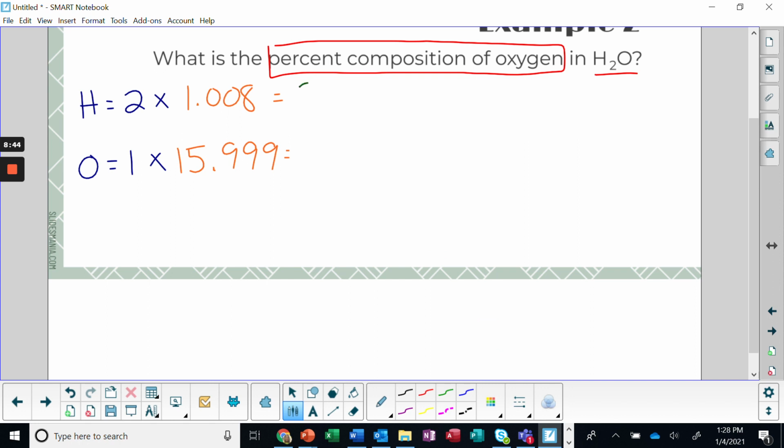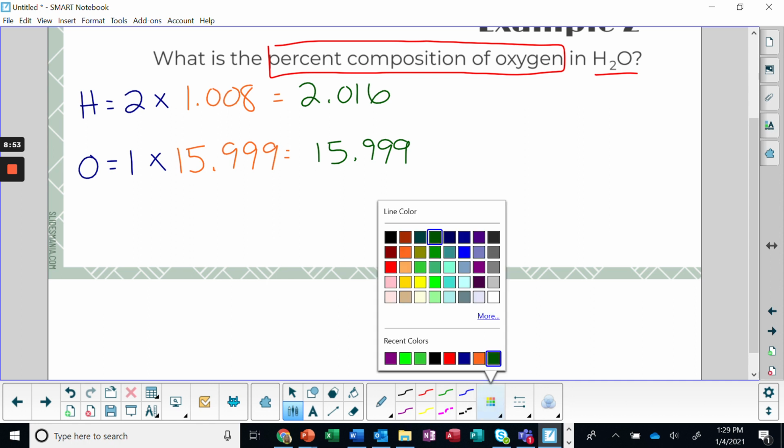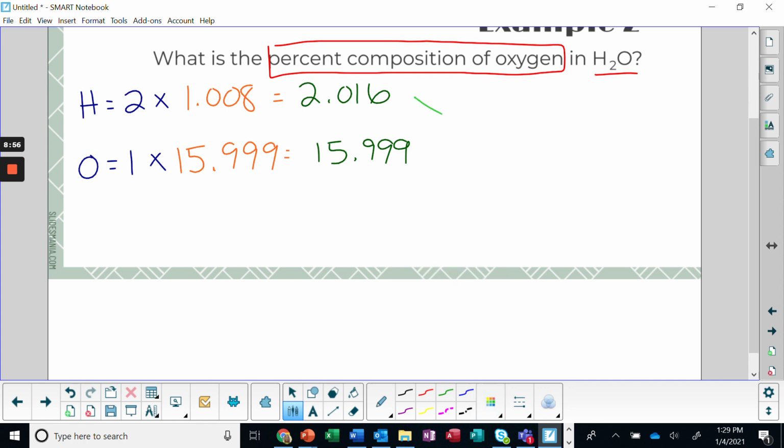Go ahead, multiply this. Then add to find the total mass of the entire compound. This is... alright, now we go ahead and we plug it into our equation.